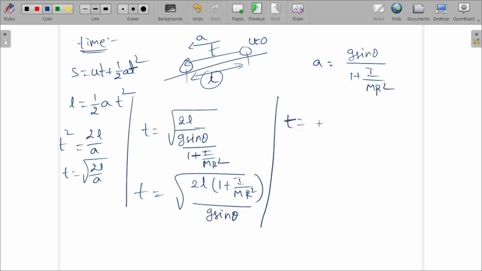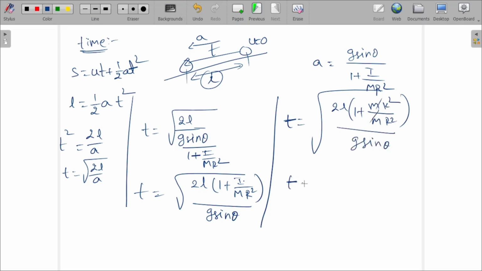So from this, t equal to root over 2L of 1 plus I, which is nothing but the moment of inertia, that is m k square with respect to the radius of gyration, m k square by m r square, by g sin theta. m gets cancelled, then t equal to root over 2L of 1 plus k square by r square by g sin theta.